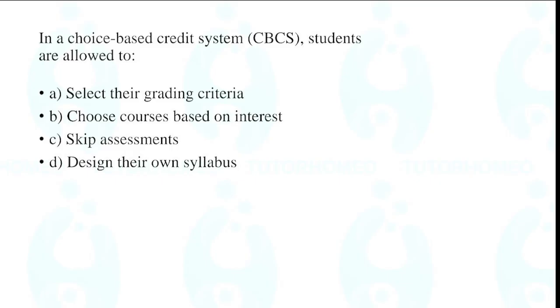If you remember, it was told to you that there will be a main subject, and the student can take a subsidiary subject and all that. So that and all will come under CBCS. Here we are allowing the student to choose courses based on their interest.